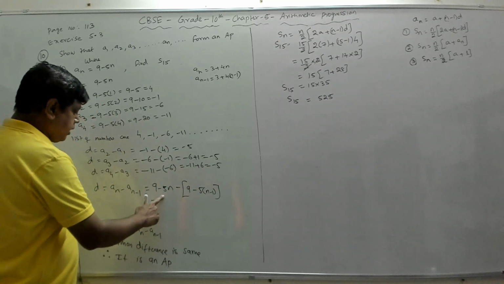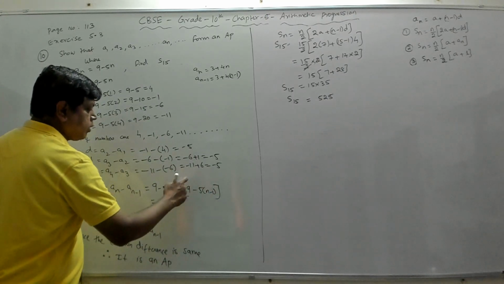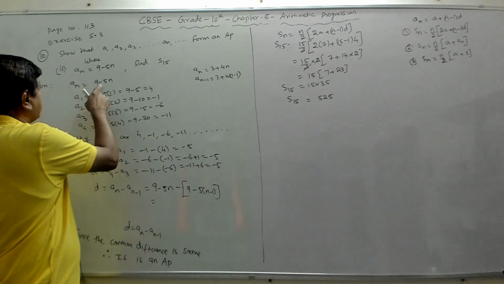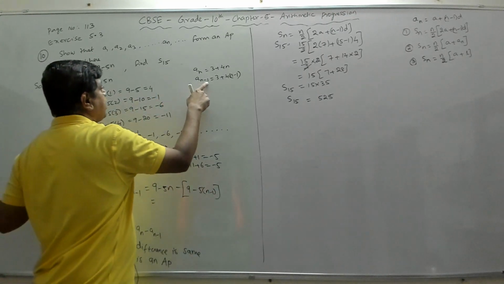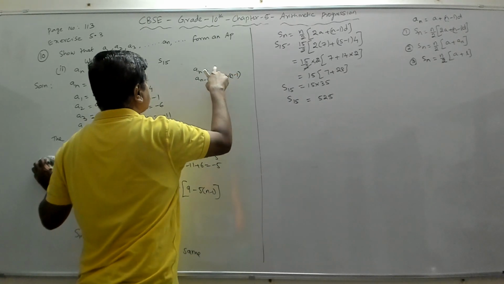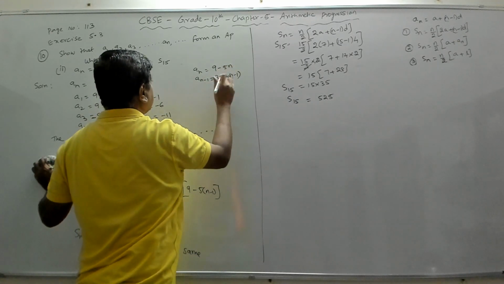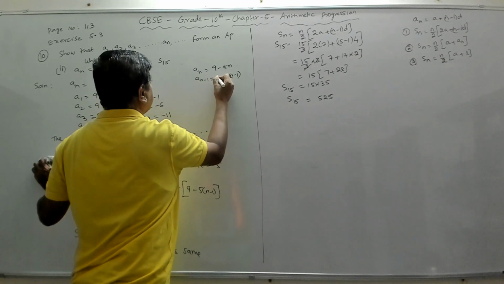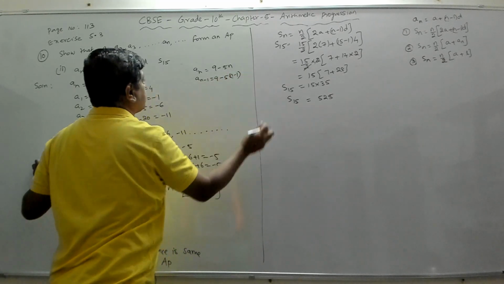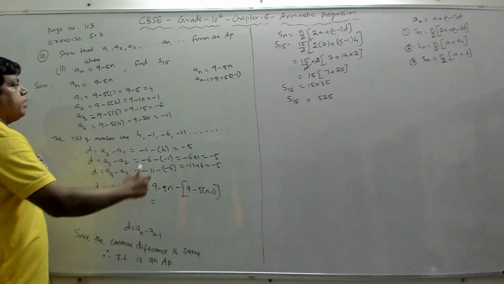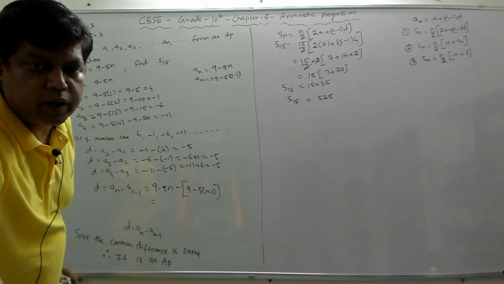Right? This is your an minus 1. Since your an is 9 minus 5n, then an minus 1 will become 9 minus 5 into n minus 1. That is your an minus 1. So which I am substituting here.